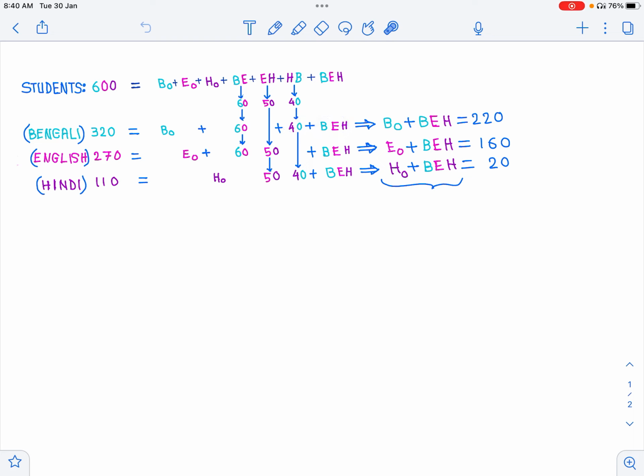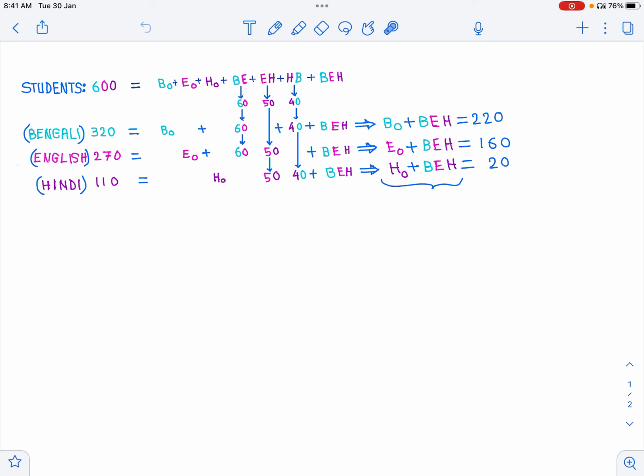Clearly, if we subtract this 60 and 40, that is 100 from 320, then we get 220, and this 220 includes only B and BEH. That means the number of students who learn only Bengali and the number of students who learn Bengali, English and Hindi total 220.